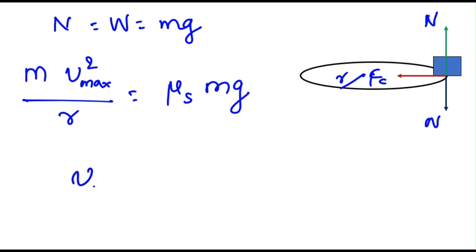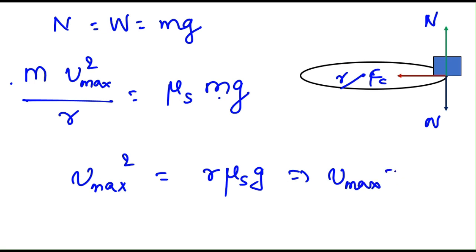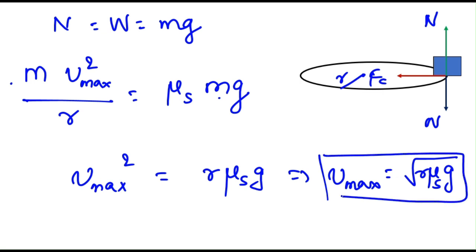So we have v max square equals r times mu s times g, and this m will be cancelled out. Or v max will be under root r mu s g, where mu s is the coefficient of static friction between the surface of this moving body and the surface on which it is moving.